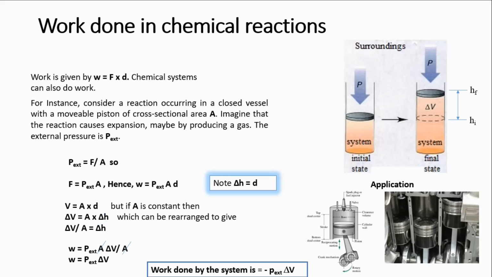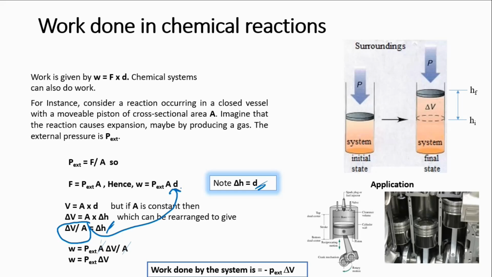From this, we can do a little rearrangement, and we get delta H is equal to delta V over A. This delta H, remember, we say it's the same thing as d. Now, all we have to do is take this part and substitute it here, because delta H is the same thing as d.